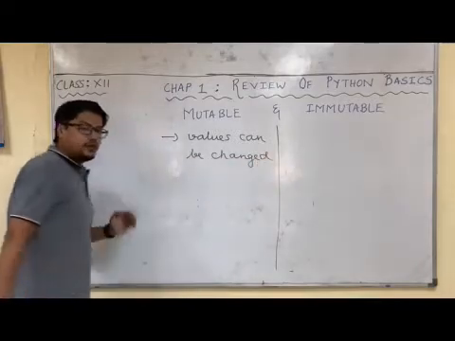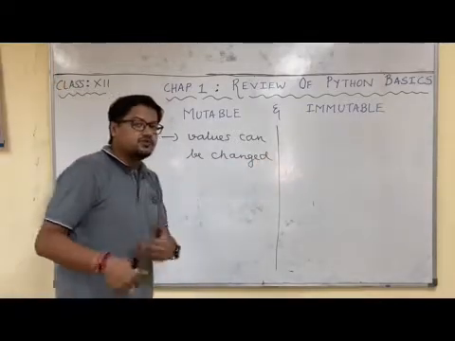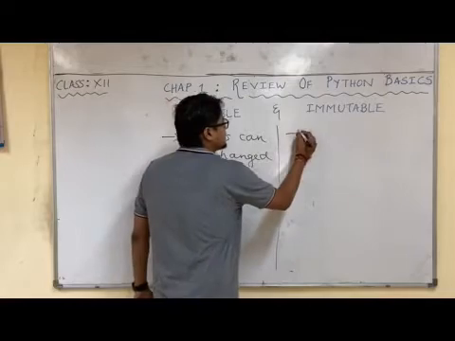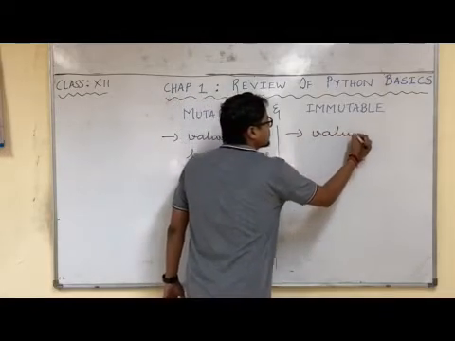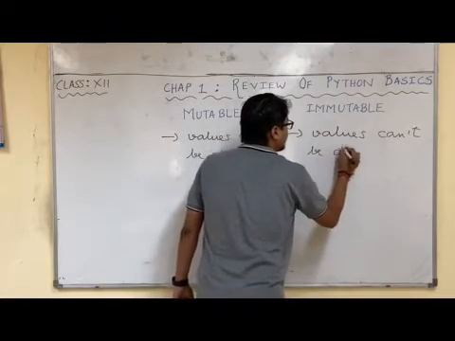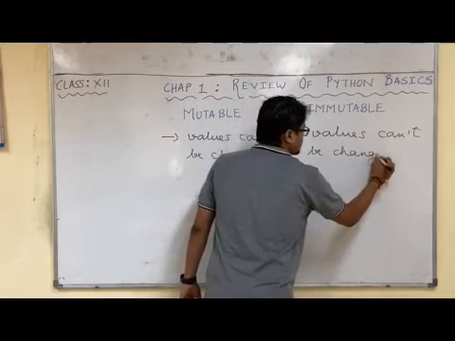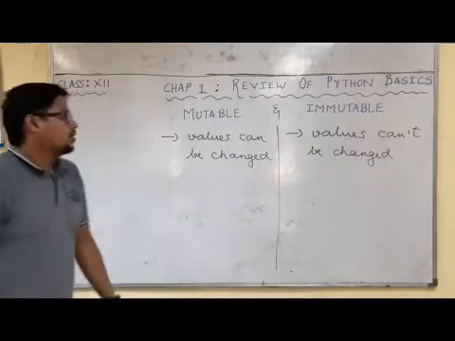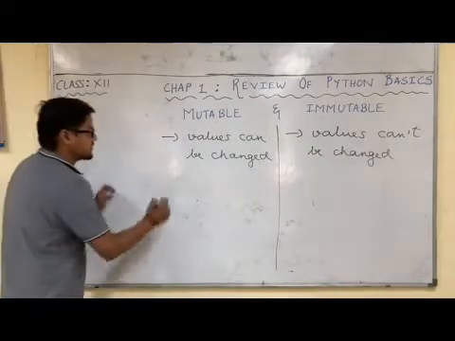And immutable is the reverse of that. It is data types or variables having values that, once assigned, cannot be changed. Okay.